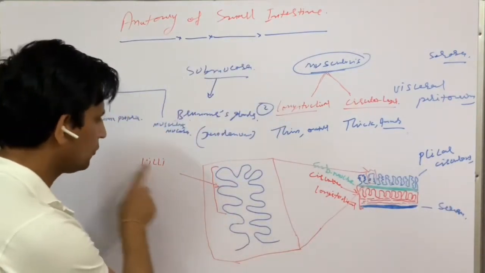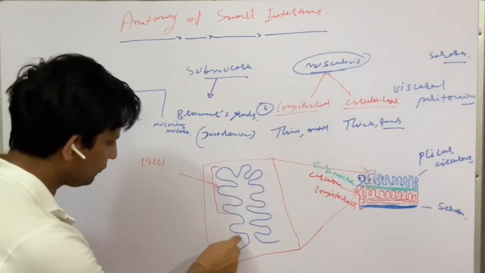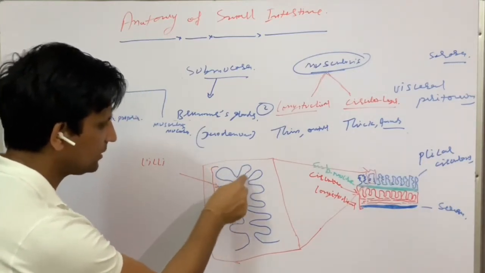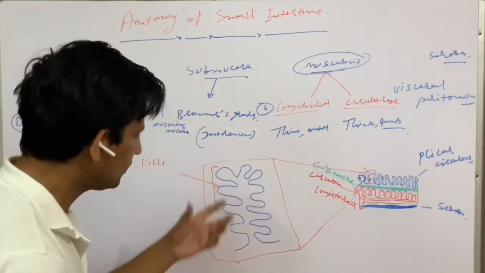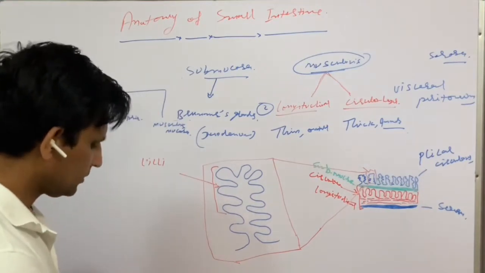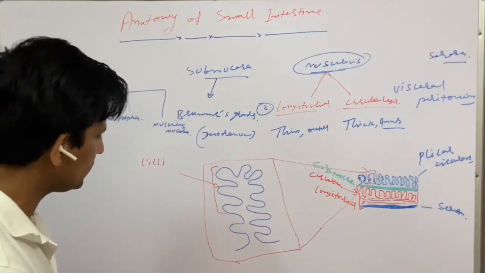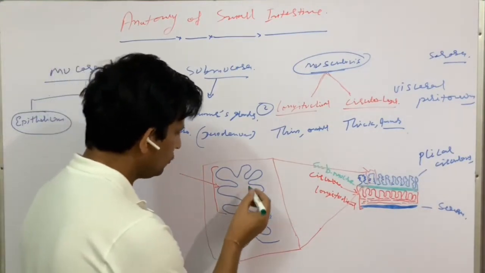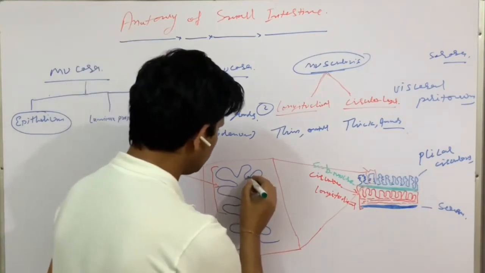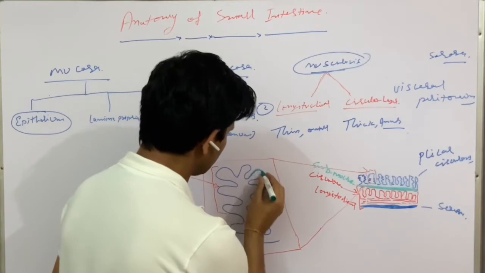Along with the folds, these villi also increase the surface area, and this helps in digestion as well as in absorption, right? Not only this, if you look at the microscopic structure, you will see some more folds on these subfolds, and they will look like this.